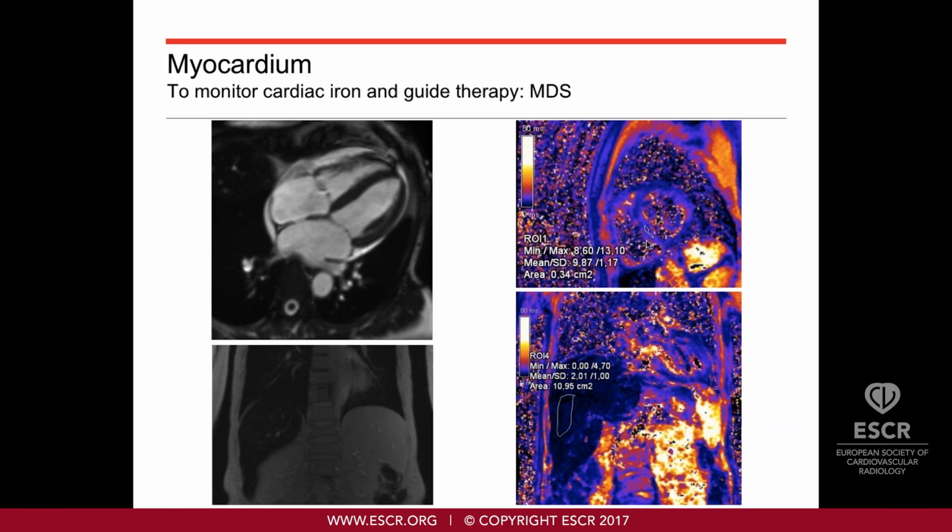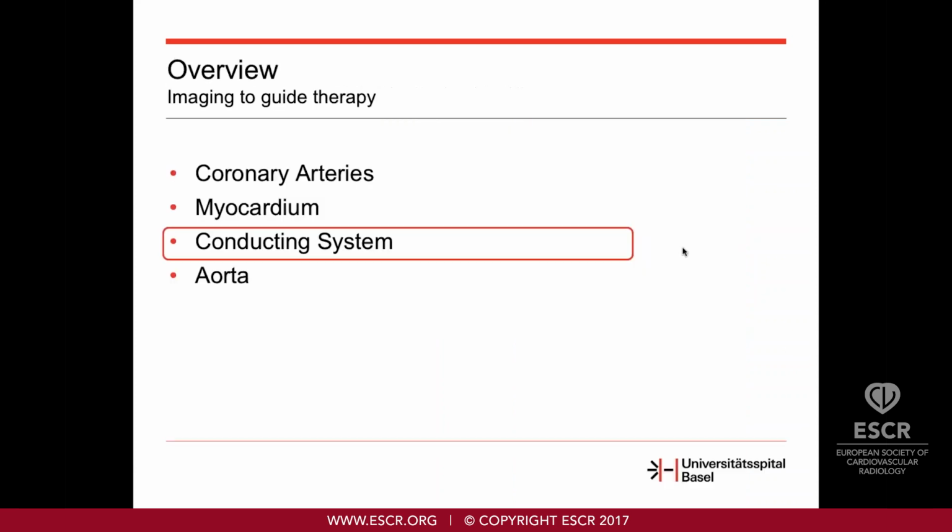And the idea is normally the left atrium has a rather oval shape, and the more it transforms into a round shape, the worse is the outcome. So if we have a more oval shape, the outcome is better, and if we have a more round shape, like a ball, the outcome is worse. So the idea is that these morphological aspects help us to predict outcome in these patients. So this technique is very interesting.